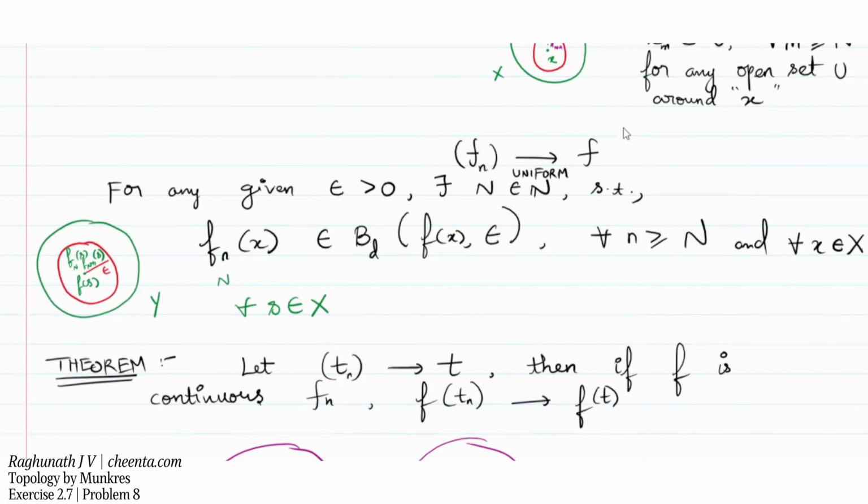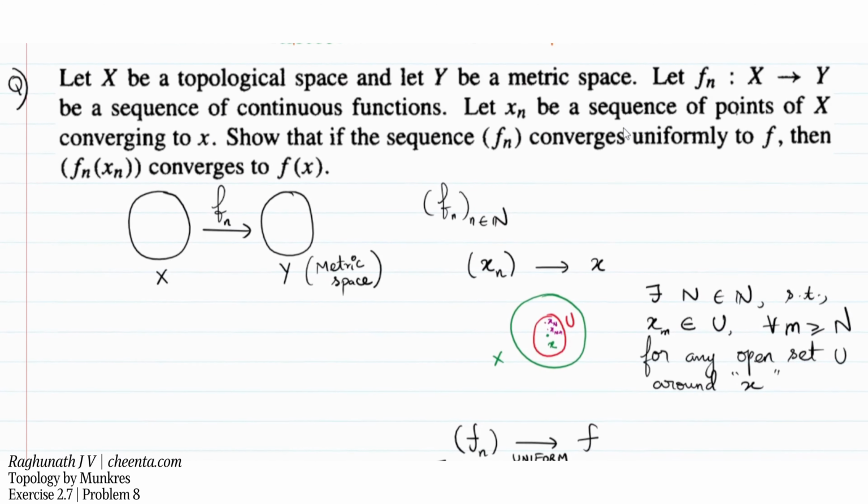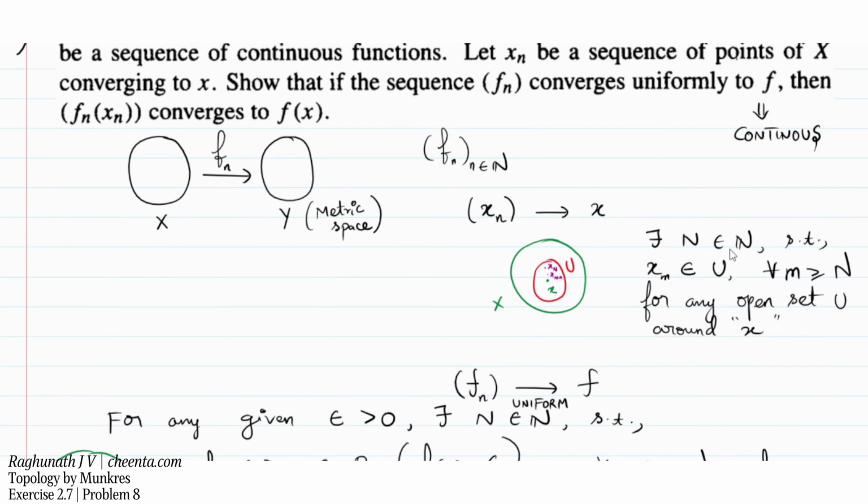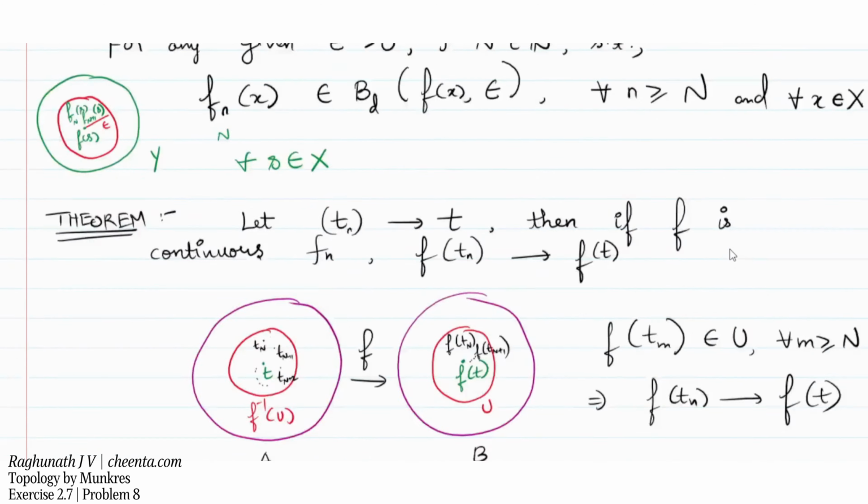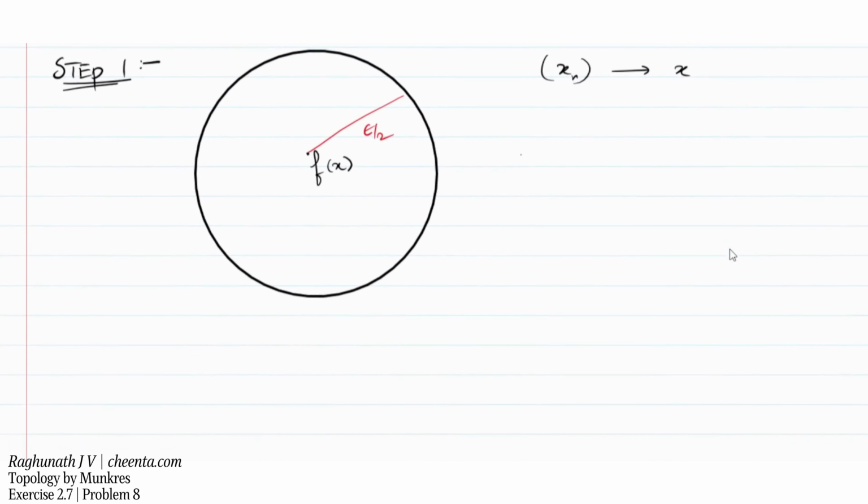We have one more conclusion here: since fn converges uniformly to F and fn are continuous functions, that implies that F is also continuous. You can prove this easily. Think about that. But let's assume that F is continuous.